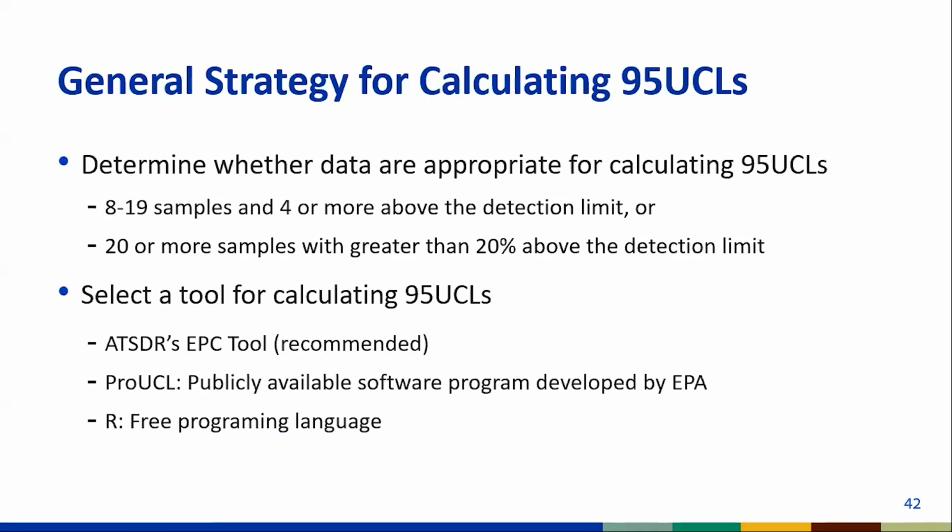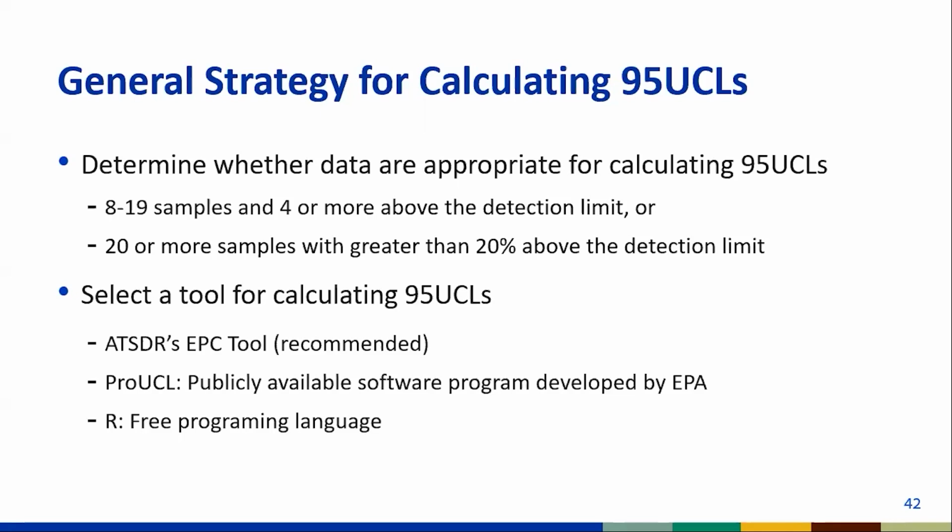ATSDR's EPC guidance also includes detailed instructions on calculating 95 UCLs using a publicly available software program developed by EPA called ProUCL, as well as the programming language R. These tools can effectively manage non-detect observations in accordance with ATSDR's preferred computational methods for EPCs, but they do not automatically apply ATSDR's criteria for selecting the maximum concentration or the appropriate 95 UCL.